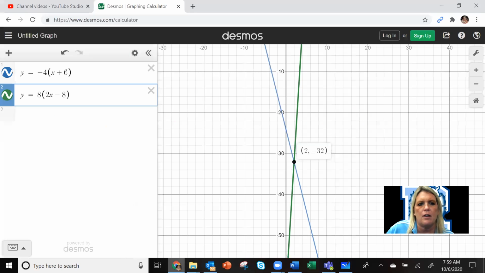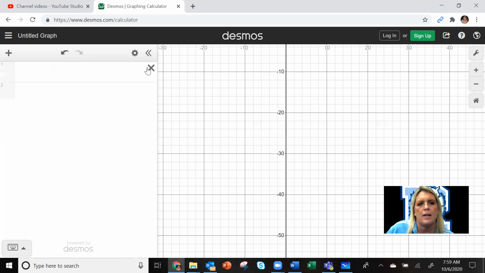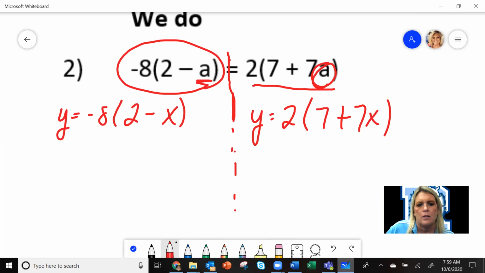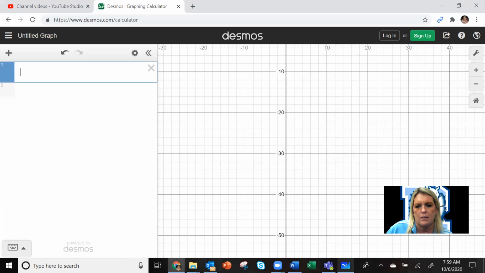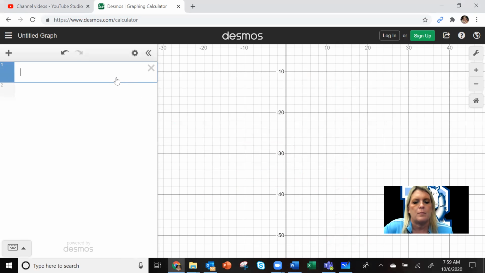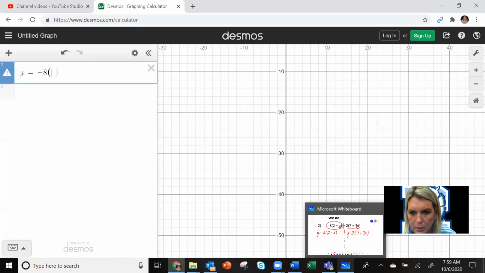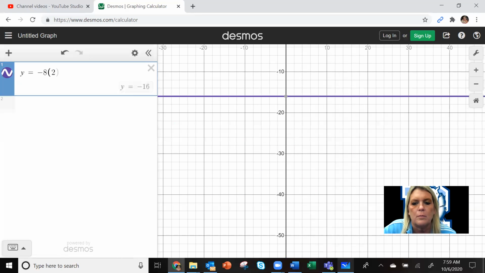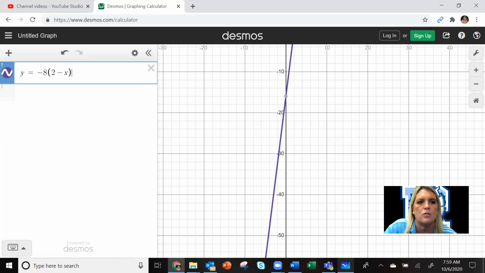So let's go over to the calculator, X out of these to get them to go away. Click back into the top box. The first equation is -8 times 2. Y equals -8 times, I'm going to see if I can use this up here, 2 minus x, and close my parentheses.